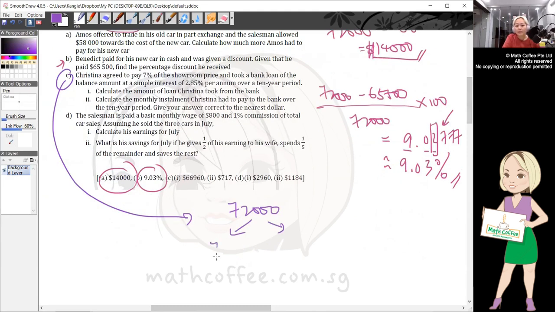She pays 7% and then drives the car home, right? This is how much? 72,000 multiplied by 0.07. It will be 5040. So she paid 5040, balance 93%. She borrowed from the bank. So in other words, she borrowed 66,960.